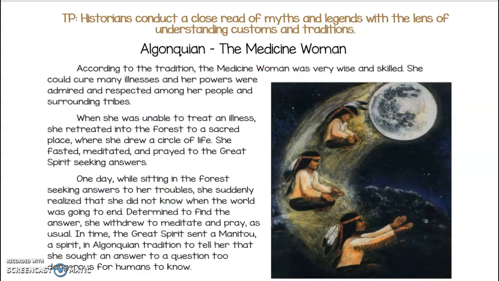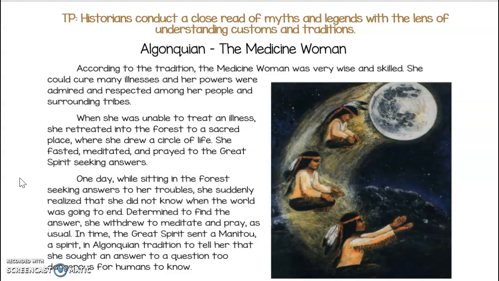Why did she do this behavior? When she was unable to treat an illness, she retreated into the forest to a sacred place where she drew a circle of life. She fasted, meditated, and prayed to the Great Spirit seeking answers. One day, while sitting in the forest seeking answers to her troubles, she suddenly realized that she did not know when the world was going to end.